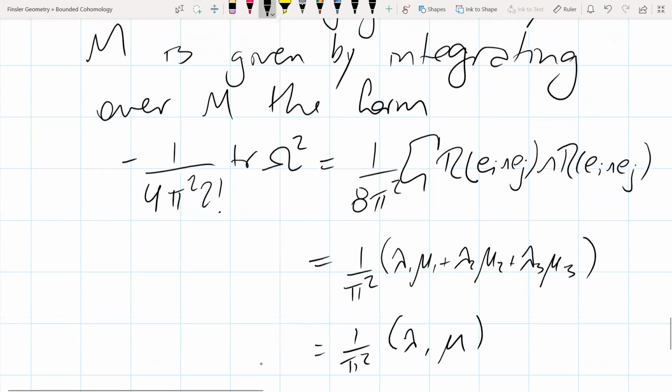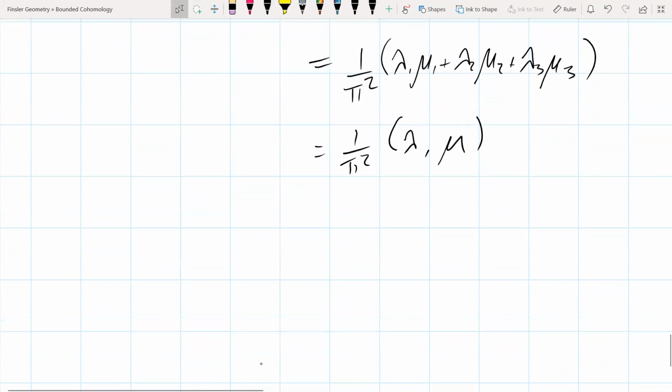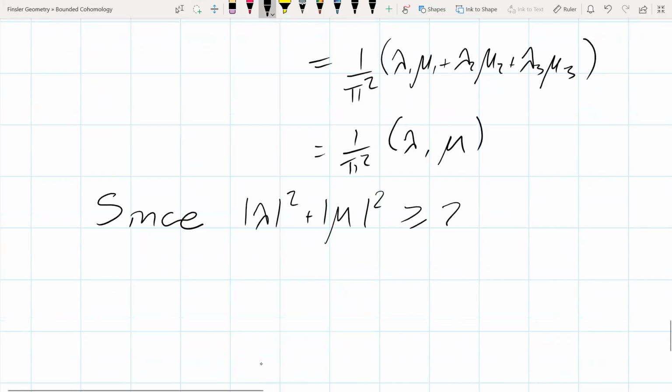Now, norms of three-dimensional vectors and inner products we know how to deal with. So we know that the sum of the squared norms is bounded below by 2 times the inner product. Did you use the Einstein condition already?